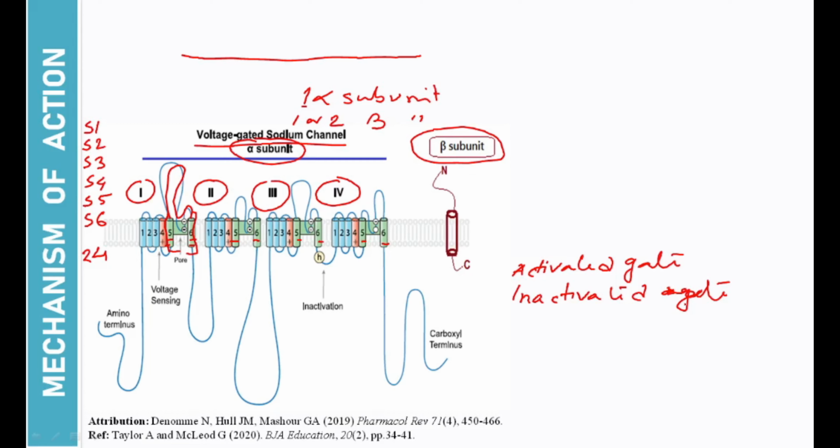Another is the inactivation gate, which is formed by the loop connecting domain 3 and domain 4. So this inactivated gate is formed by the loop that connects domain 3 and domain 4.